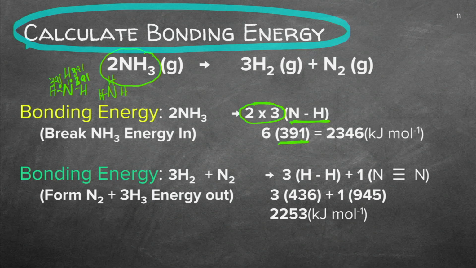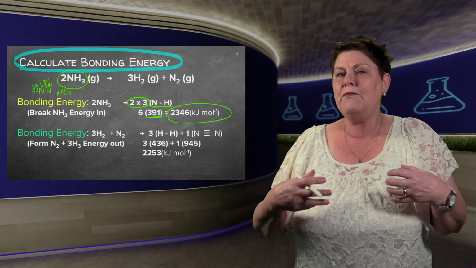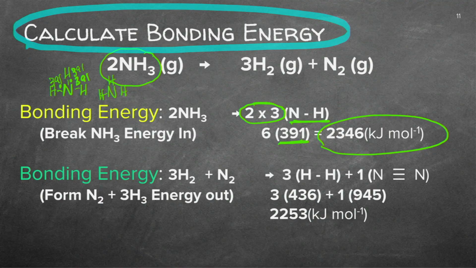If I multiply that, I get the energy to break, to overcome those bonds as 2,346. So it's a little bit of calculator work. And you know now to break that into separate N's and 6 H's, I need the 2,346 kilojoules.